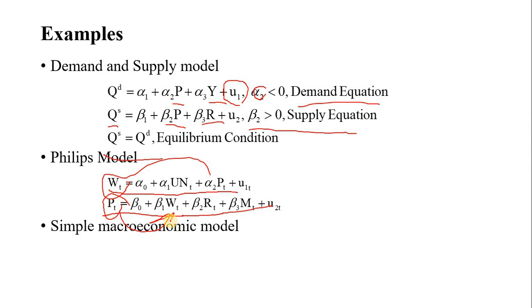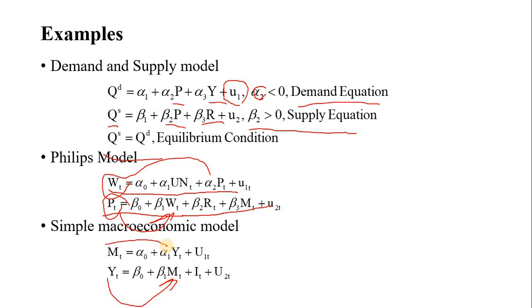Now you look at the simple macroeconomic model. Money supply depends on GDP. M is a function of YT, and YT is a function of M and I. Money is a function of YT, and YT is a function of money and investment.